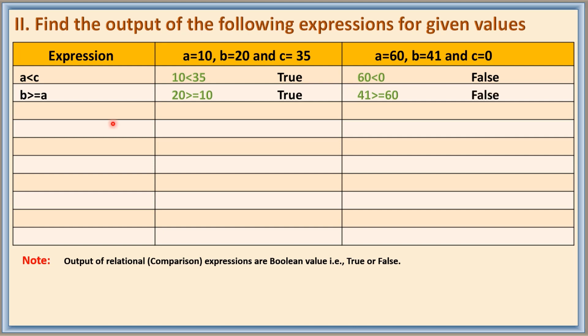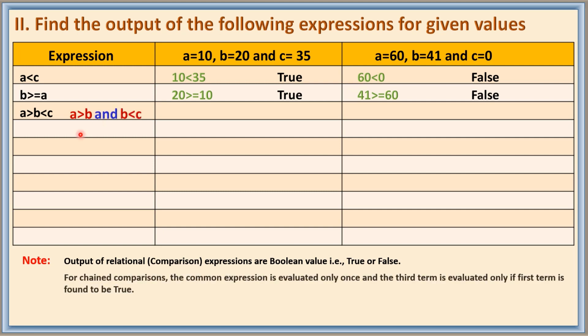Next set of values, 41 is greater than or equal to 60. That is false. Next we have a is greater than b, lesser than c. The meaning of this is a is greater than b and b is lesser than c. In this chained expression, the common expression is evaluated only once. That is AND.